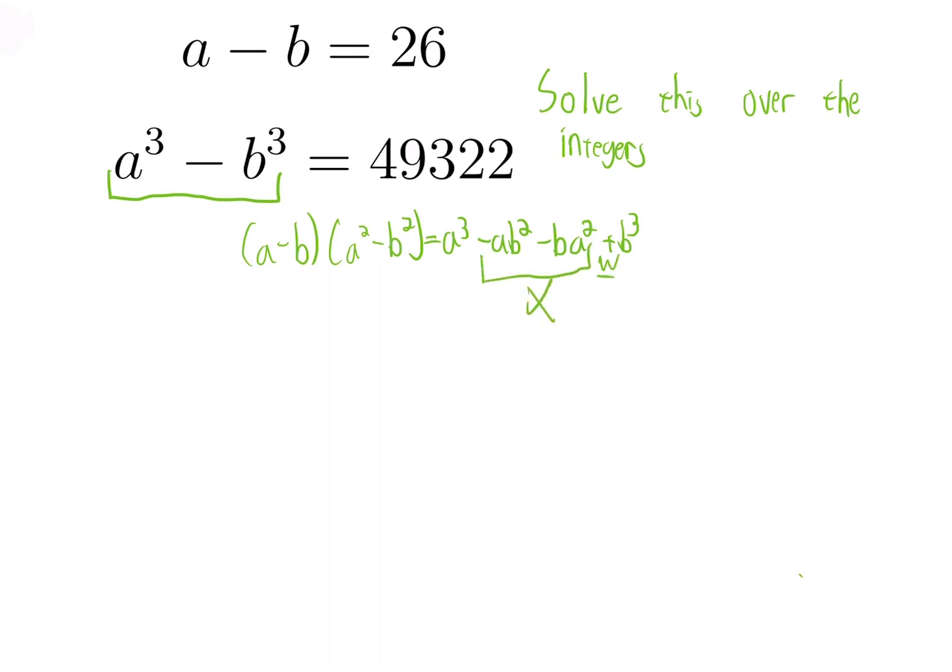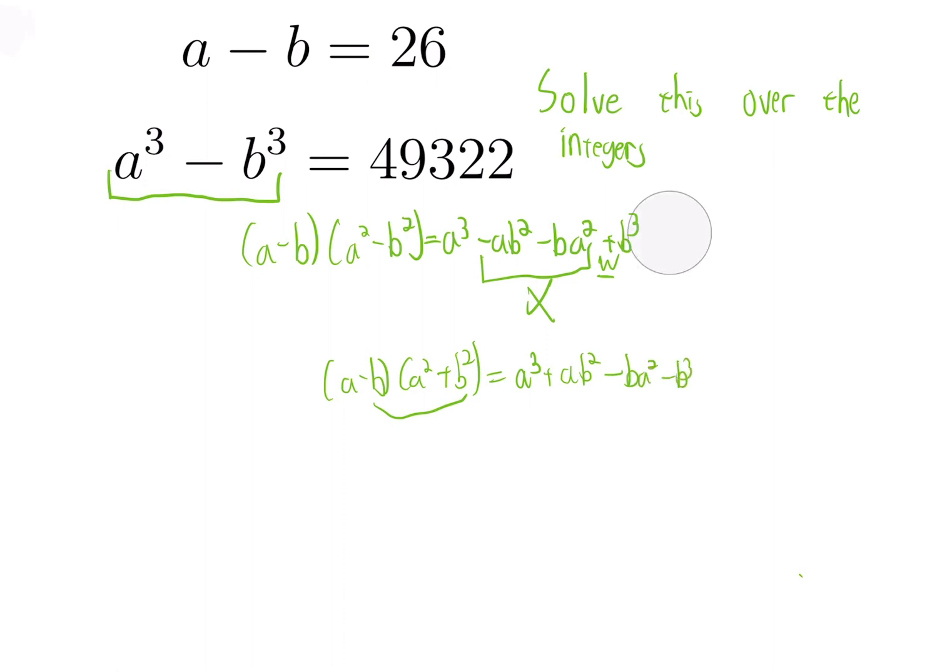So let's see. A minus b times a squared. Let's do plus b squared, because that would make a negative here. Okay, so now if we expand that, we'll get a cubed plus ab squared minus ba squared minus b cubed.